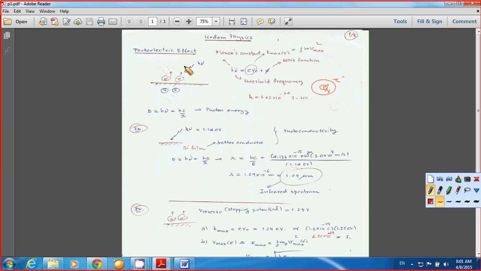The photoelectric effect occurs when you shine light, and you know that usually light shining on the surface of any kind of material comes with energy, and energy can be calculated from E equal to h nu, or sometimes they use f.